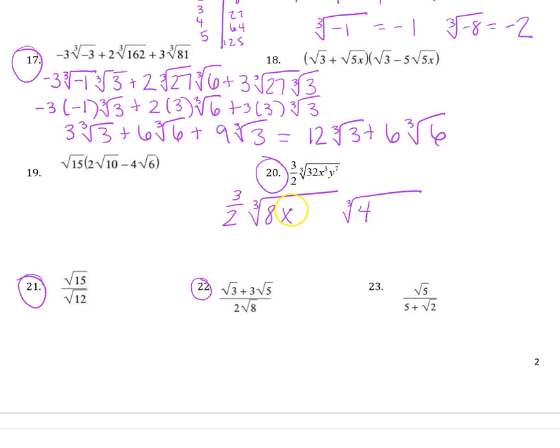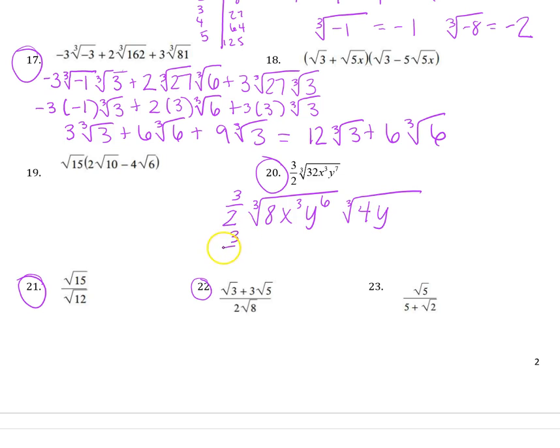I'm going to put the x to the third in the first one because 3 is divisible by 3. And y to the 6th and y are getting split up because y to the 6th, the 6 is divisible by 3, so I can take the cube root of it, and my leftover y is in the second one. So this is everything that I can't take the cube root of.